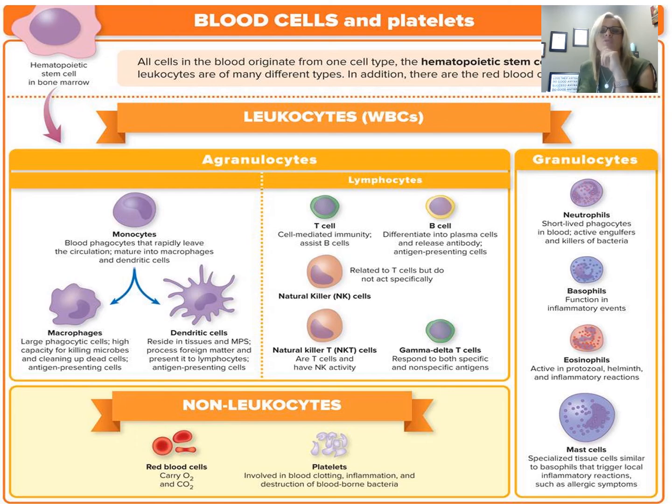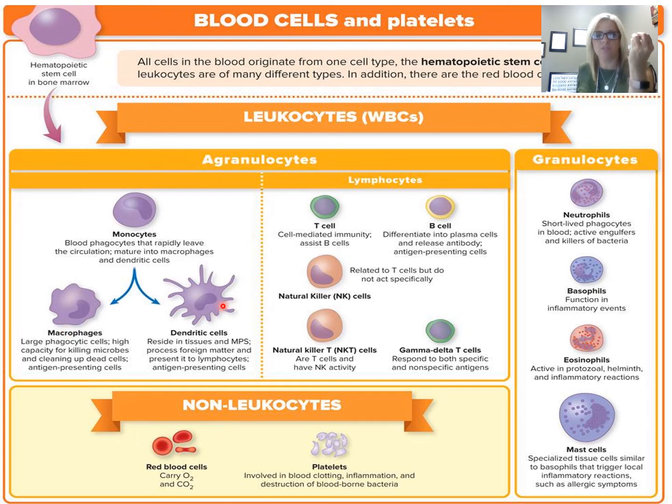All right, so mature white blood cells are going to be our leukocytes, and here they are divided into our agranulocytes and our granulocytes. Monocytes here, when they leave the bloodstream, will differentiate or mature into a macrophage or a dendritic cell.